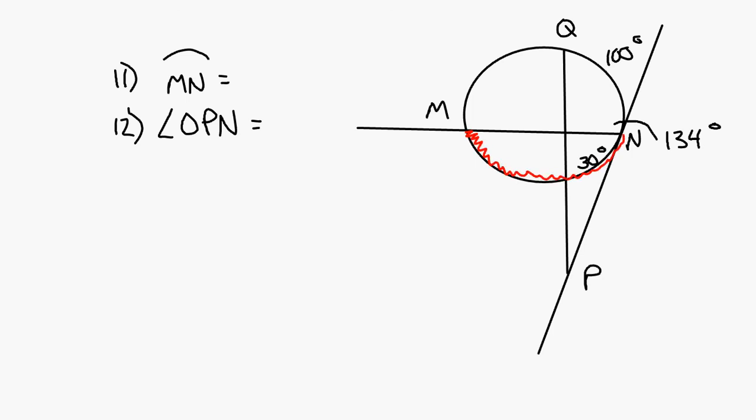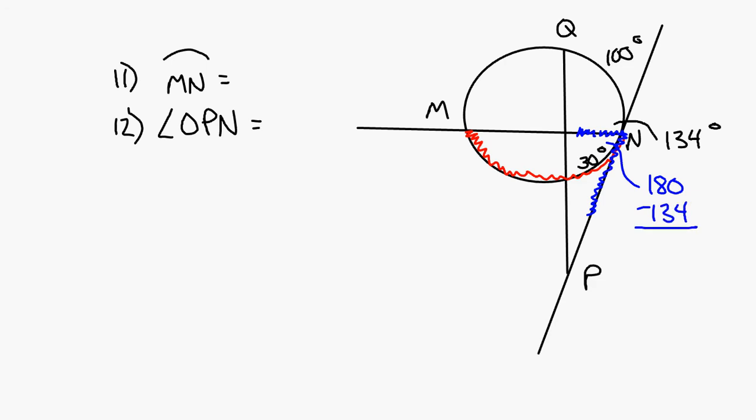Alright, to find arc MN, you need this blue angle. That blue angle, twice this blue angle, will give you arc MN. So if the top up here is 134, then this angle in here would be 180 minus 134, which is 46 degrees.